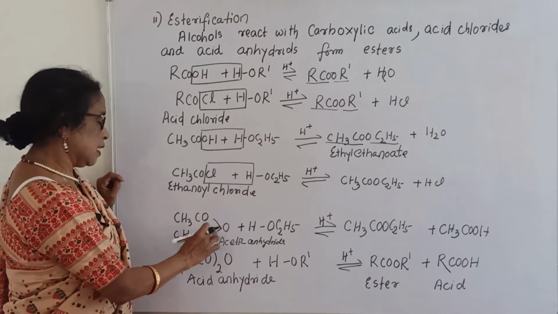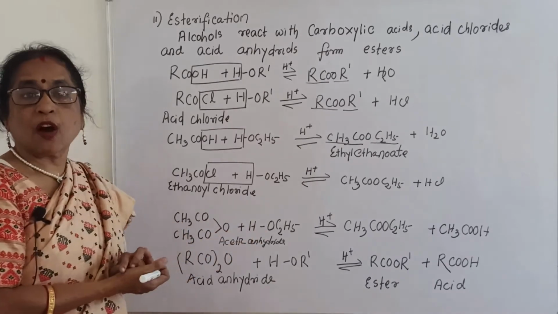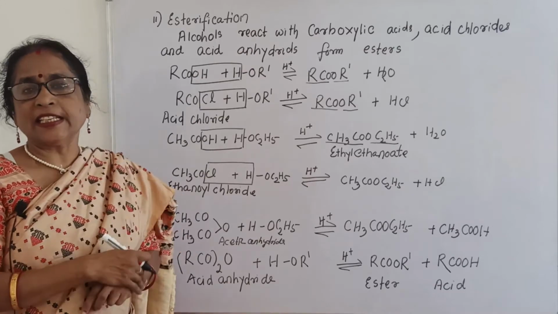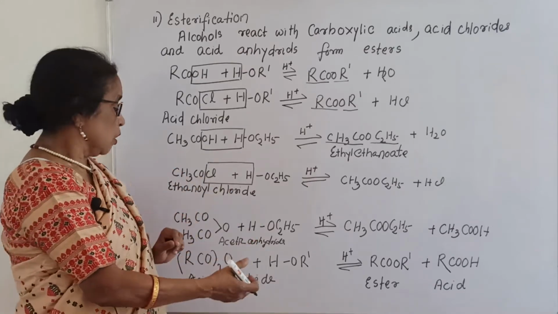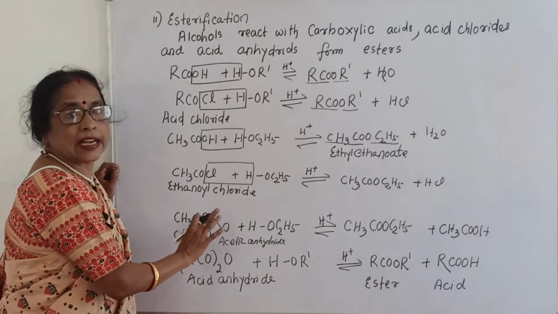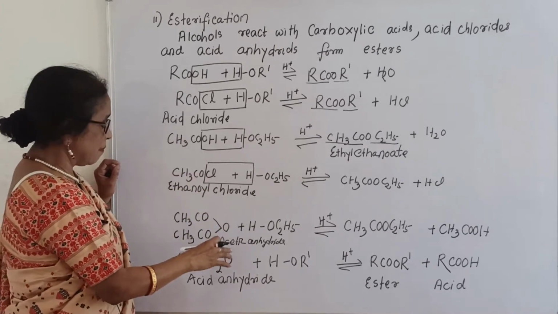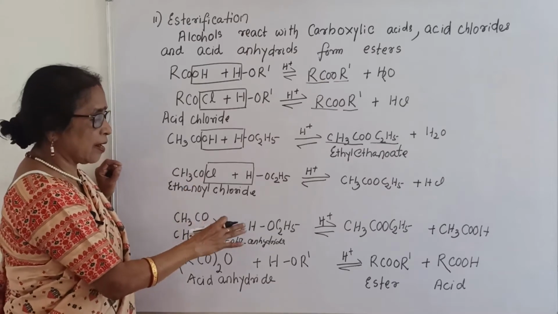This is called acetic anhydride by common name. Then what is the IUPAC name? In IUPAC, acetic acid is called ethanoic acid, so it is ethanoic anhydride. You can remember it as the IUPAC name, ethanoic anhydride.